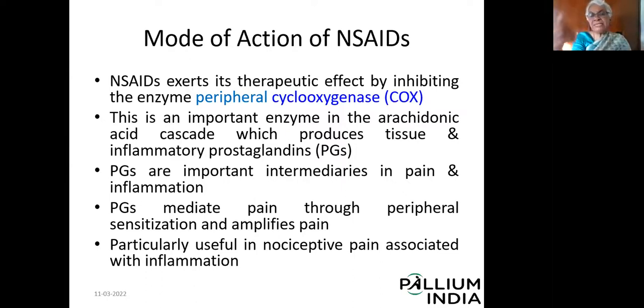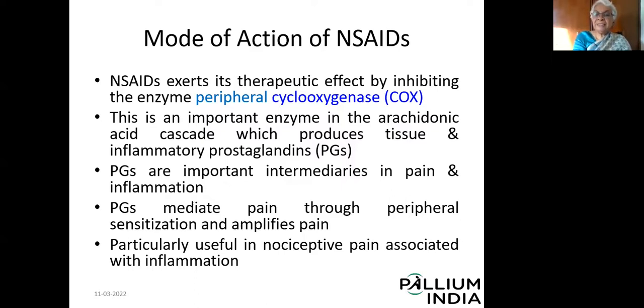This cascade ultimately produces the tissue and inflammatory prostaglandins. Prostaglandins are important intermediaries in pain and inflammation, and in fact, prostaglandins mediate pain through peripheral sensitization. I'll show that in my next slide. And that is how it is amplifying pain.